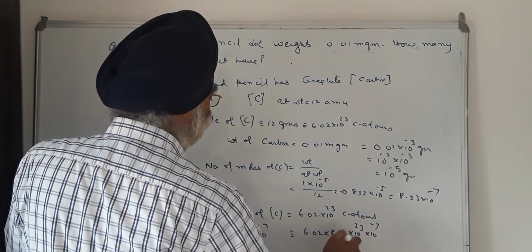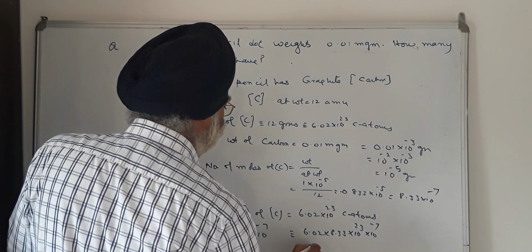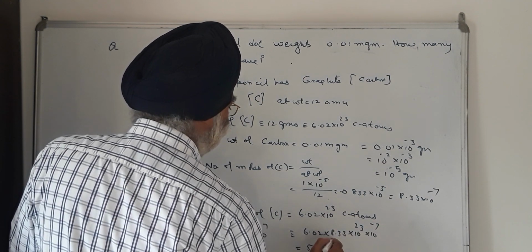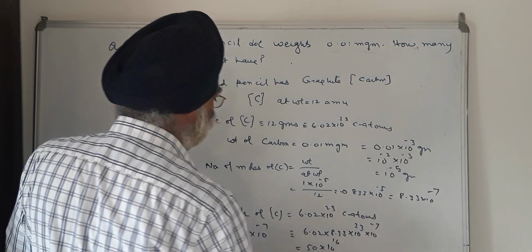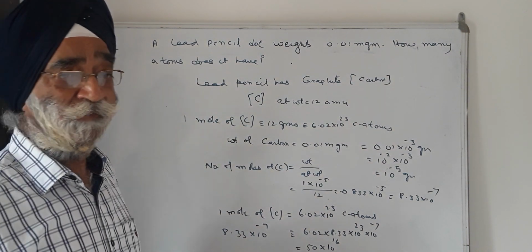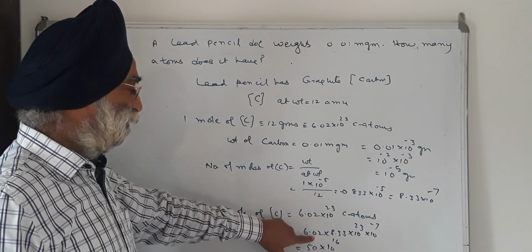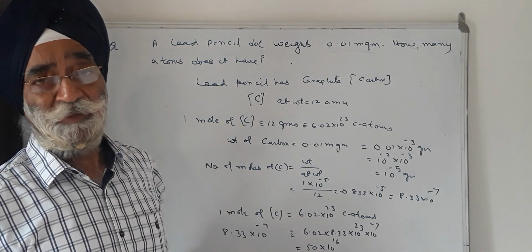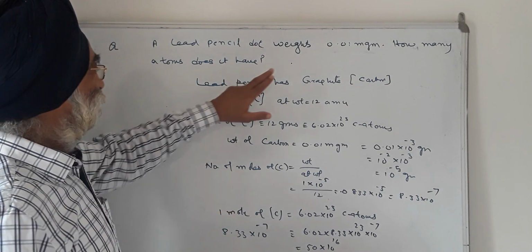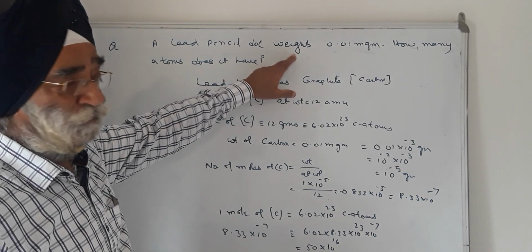We shall multiply, about 50 into 10 raised to the power 23 minus 7. This would be probably the number of carbon atoms. In these calculations, we are ignoring 0.02 and multiplying it directly. This was the solution to this problem, problem number 2.